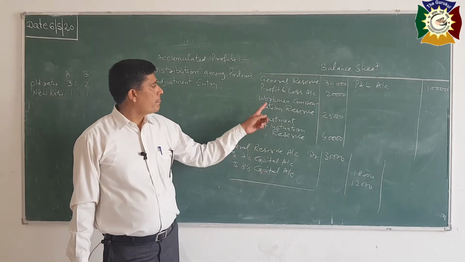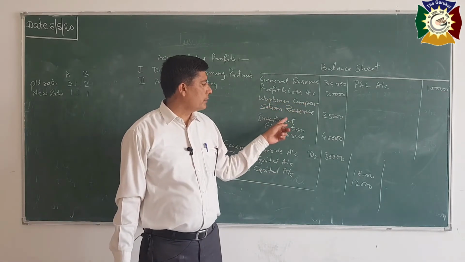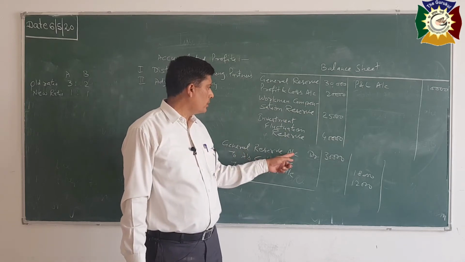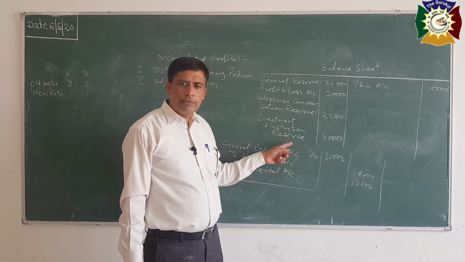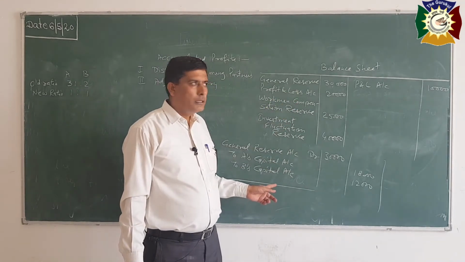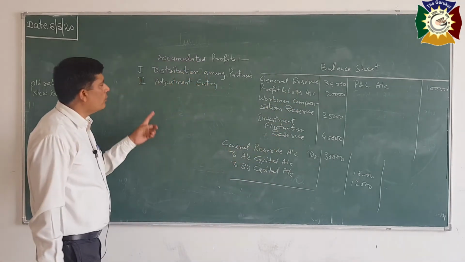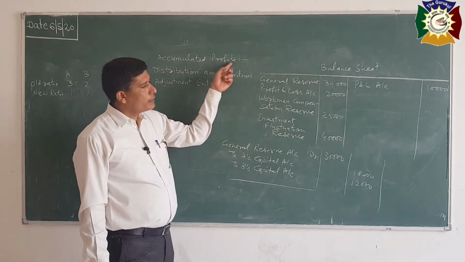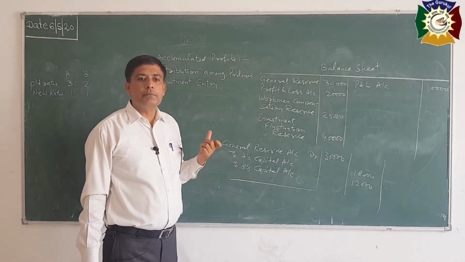In the same way, if workman compensation reserve is given, pass the entry workman compensation reserve debit to AB, investment fluctuation reserve debit to AB, or profit and loss debit to AB. Sometimes instead of undistributed accumulated profits, some accumulated losses may be given.